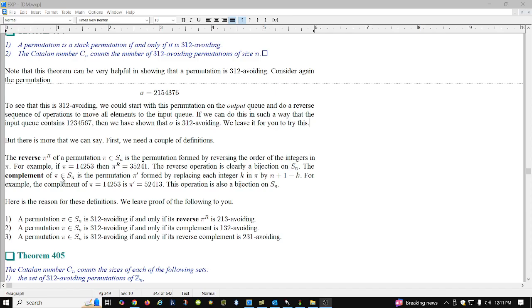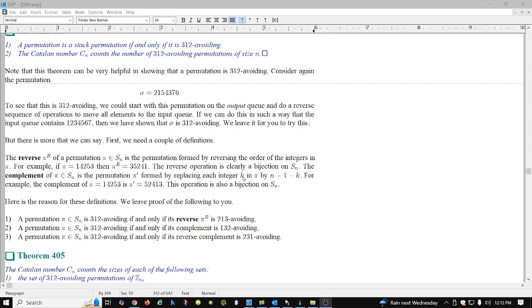The complement of a permutation pi in Sn is the permutation pi prime formed by replacing each integer k by n plus 1 minus k. So when k equals 1, 1 gets replaced by n, 2 by n minus 1.